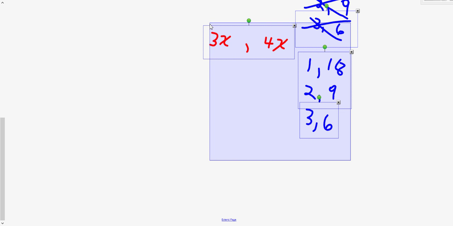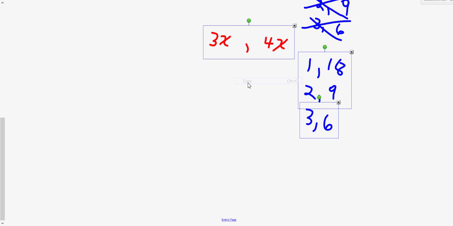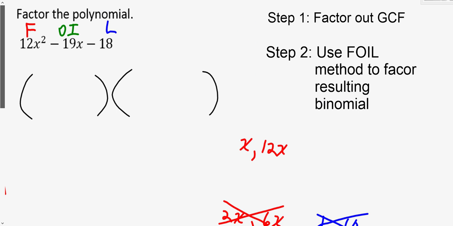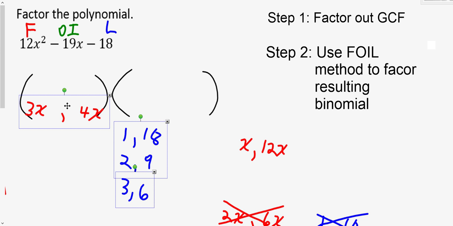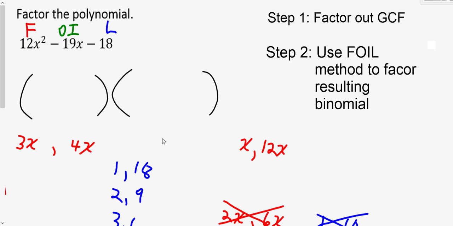All right, let's go ahead and do that. Let's just copy these and bring them up to where we can see everything. So this is what we're going to try now. We're going to try this 3x and 4x with the factors of 18 here. So let's try 3x and 4x now.